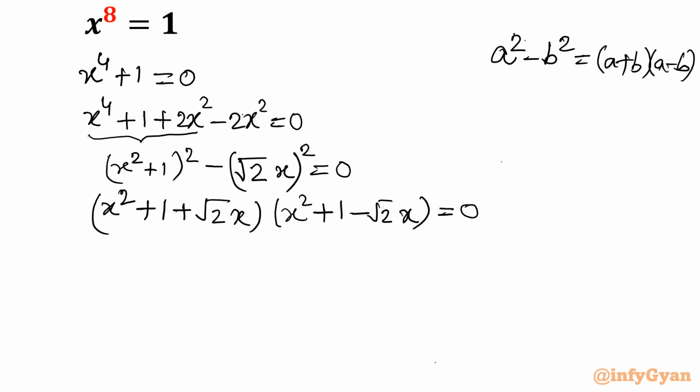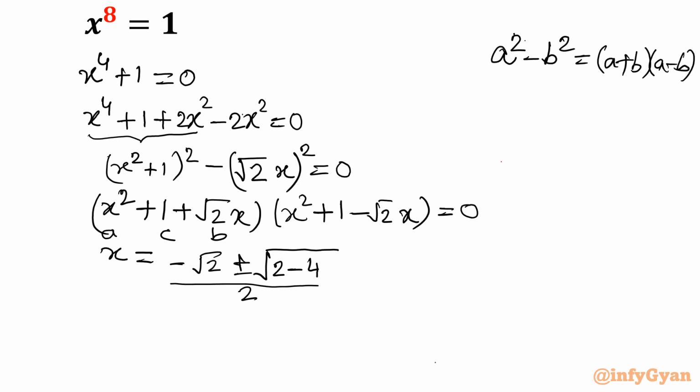So if you solve the first one, x will be, this is your b, this is c, and a is 1. So minus b, so minus root 2, plus minus square root of b square, so 2, minus 4ac, over 2a.